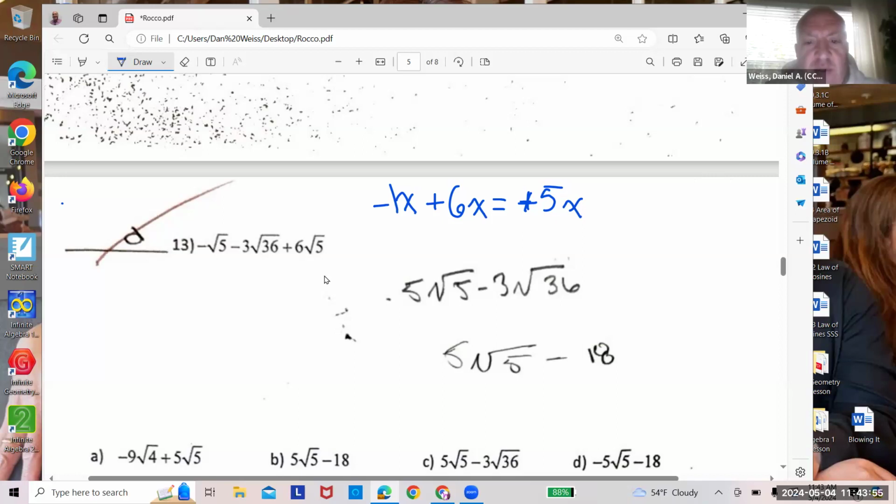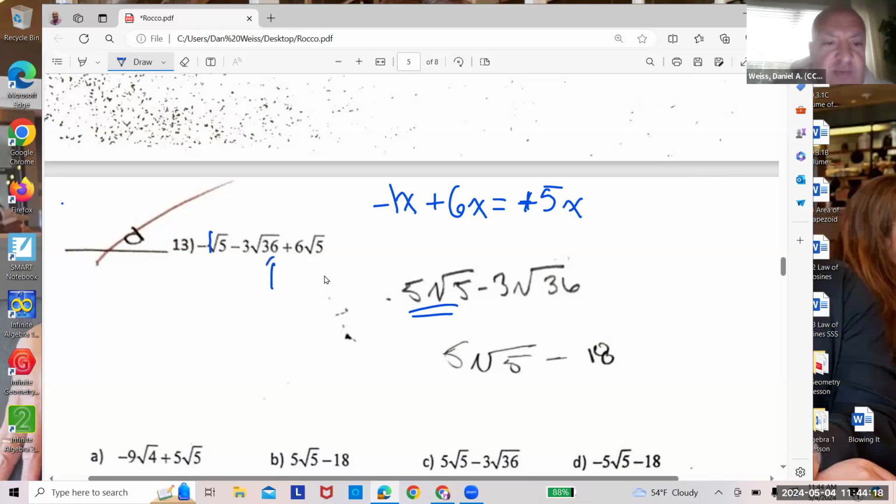Oh my, I don't know what's wrong with this one. So wait. Here you have negative 1 square root of 5 plus 6 square root of 5. That would be 5 square root of 5, which you have here. And then square root of 36 is 6.